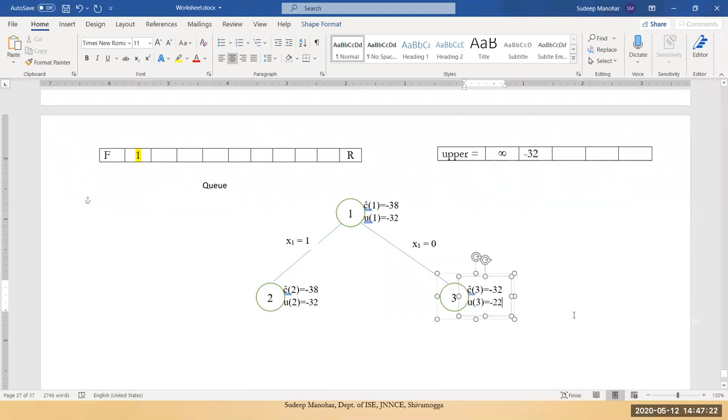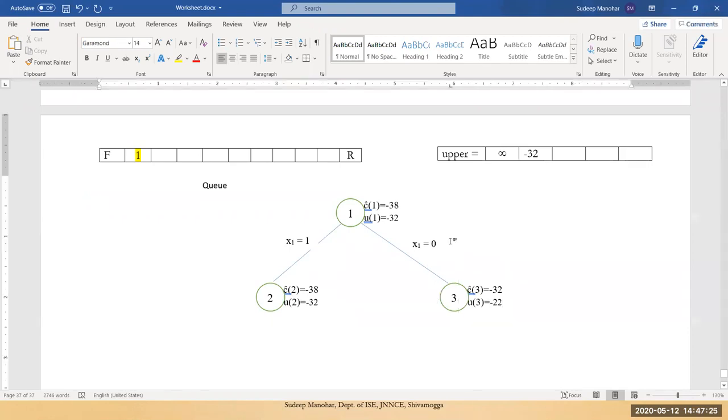So now you have drawn the children for this E node 1 and you have calculated the values of U and C cap. Now consider the values and compare with upper. Out of the U values, 32 is lesser. Now compare whether U2, minus 32, is lesser than upper. It's also 32, therefore no changes.